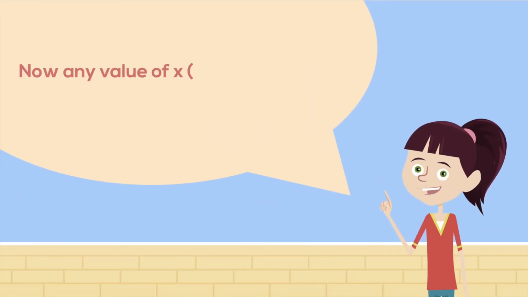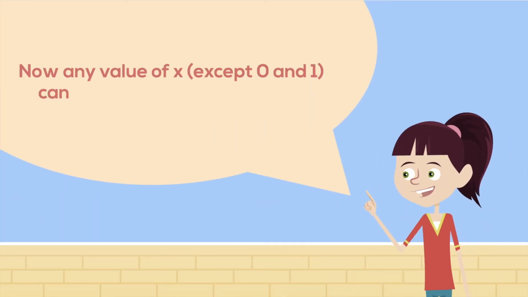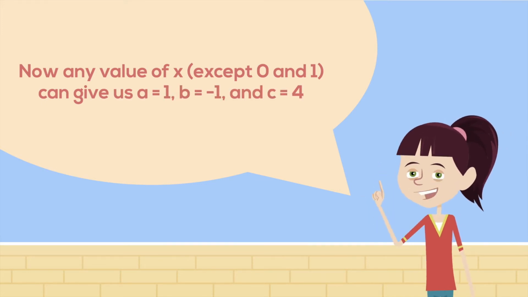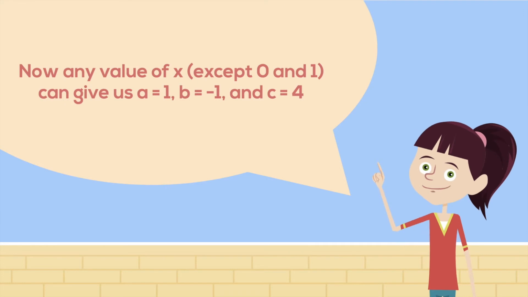Now, any value of x except for 0 and 1 can give us a equal to 1, b equal to minus 1, and c equal to 4.